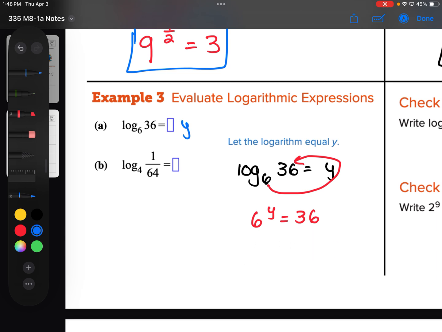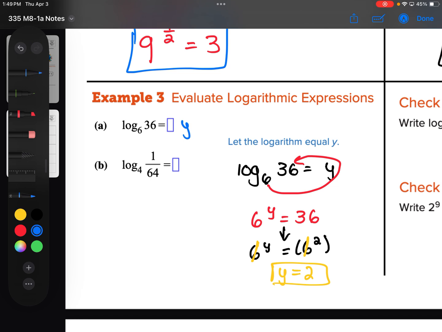This is the technical way that the textbook wants you to do it. Remember, you can write 36 as 6 to the power of 2. And then this one is 6 to the power of y. Since it's the same base, you can erase it, and you're left with the same exact answer: y is equal to 2. So there are 2 ways to do these.